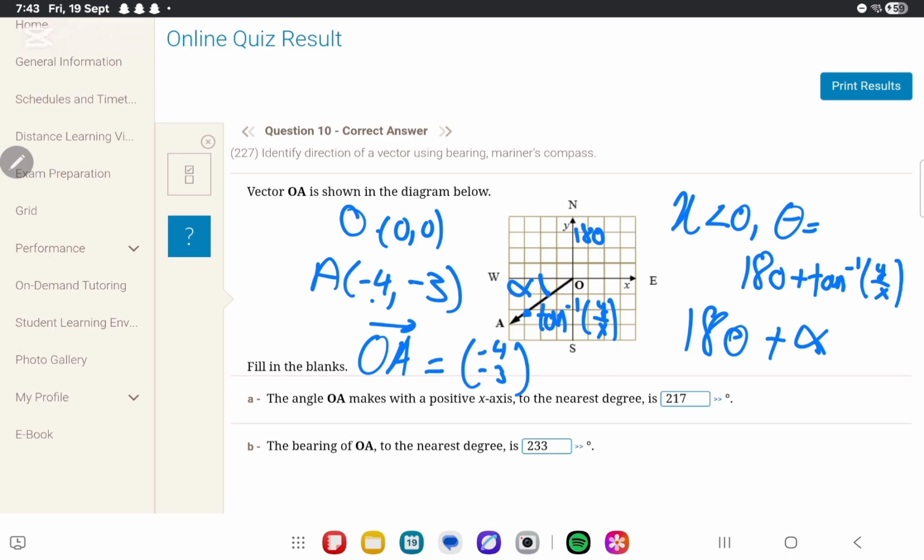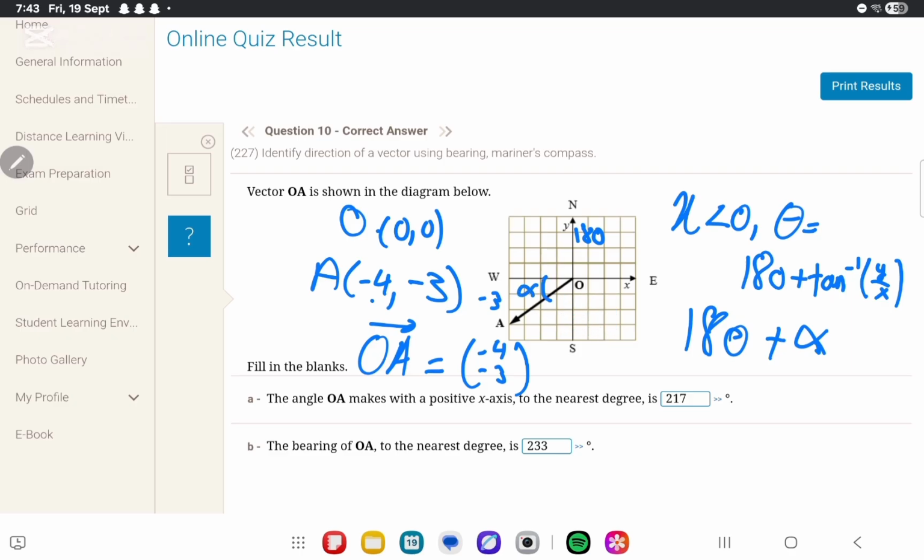You can find tan inverse using trigonometry. If I do it like this, I have a right triangle. I have negative 4 here and negative 3 here. The tangent is opposite over adjacent, so it's negative 3 over negative 4. That's how you find tan inverse of y over x. But let's not bore you with that detail.